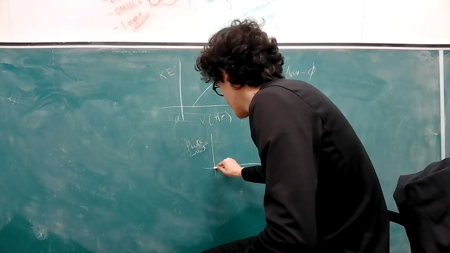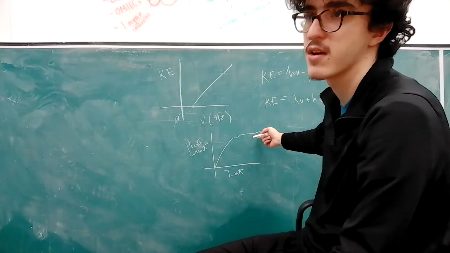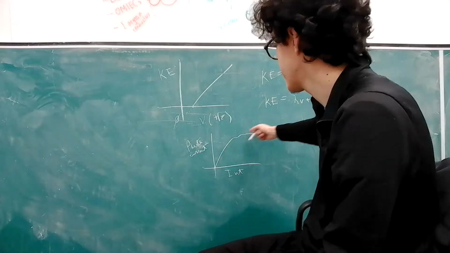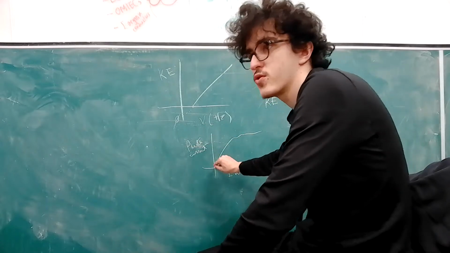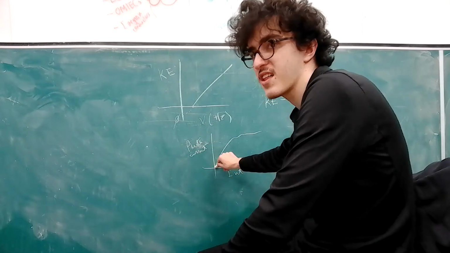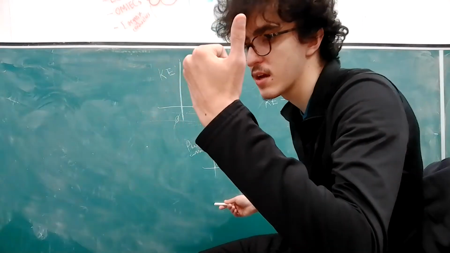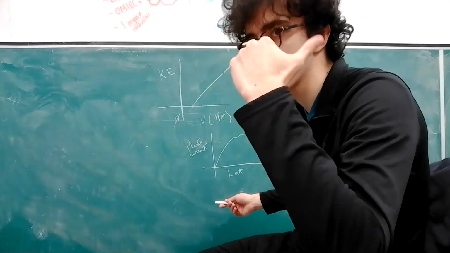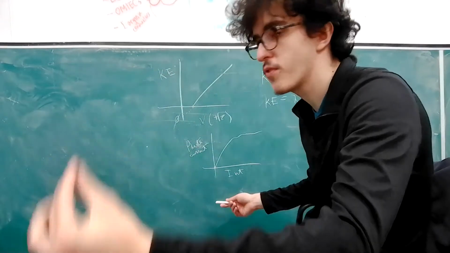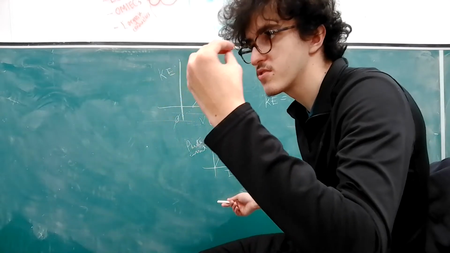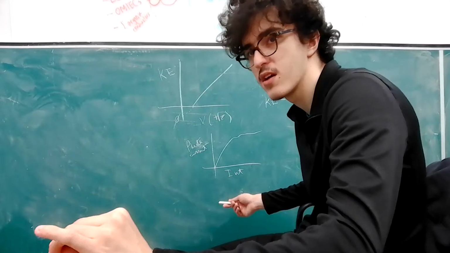For one photon absorption it's like this, and then eventually it tapers off because you're probing the density of states. Doesn't matter. All you need to know is that if you have two photon absorption, it's basically a probability game. The probability of absorbing two photons is the probability of absorbing one photon squared.